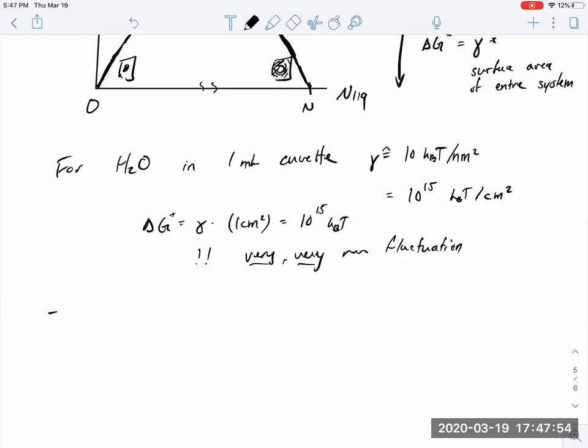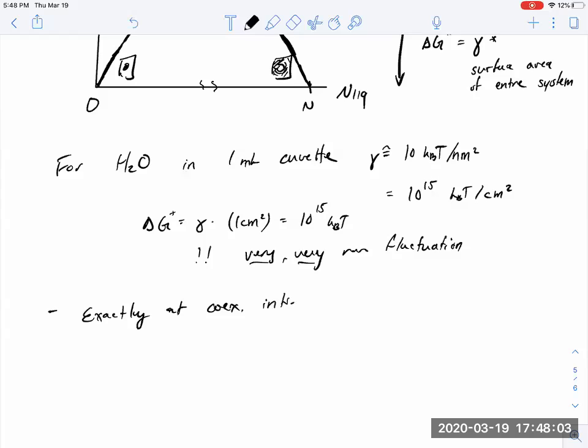What that leads us to then is that exactly at coexistence, the phase you start with essentially lasts forever.